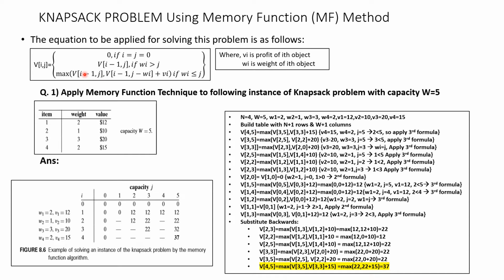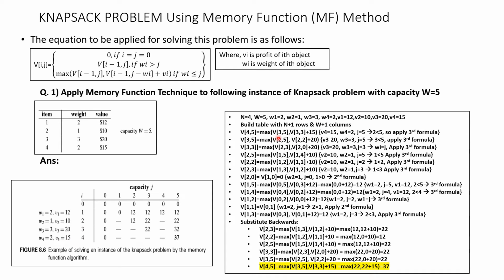So V of I minus 1, 4 minus 1 is 3, comma J is 5, and V of I minus 1, 3, comma J minus Wi, 5 minus 2 is 3, plus the profit Vi, which is 15.